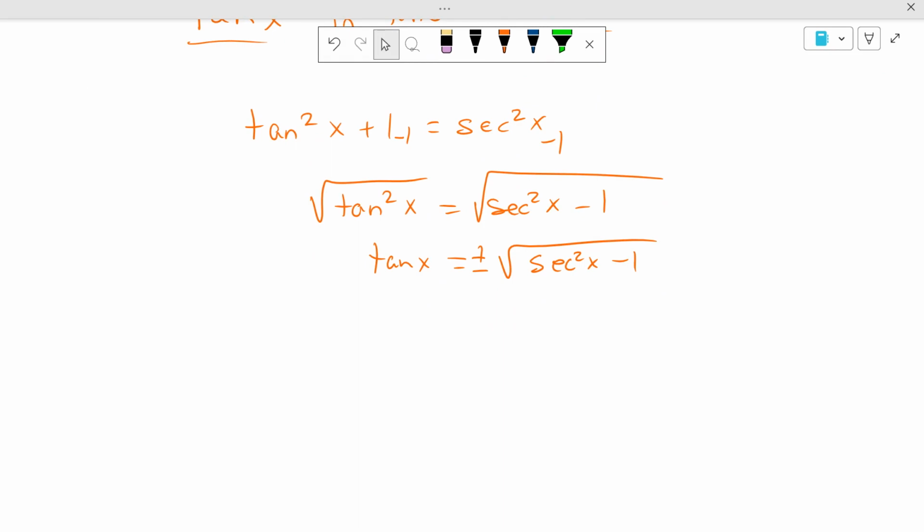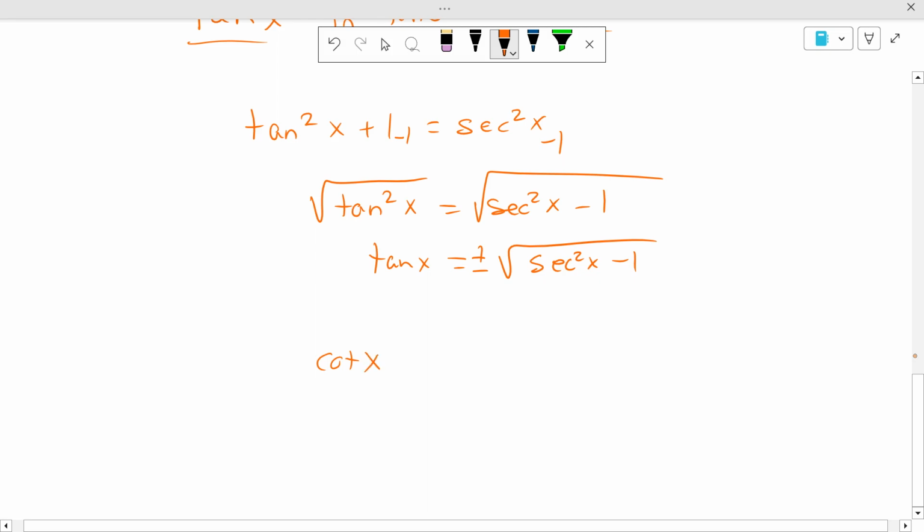What's not so easy is if you have cotangent of x in terms of sine of x. Now, cotangent of x, we know, is cosine over sine.